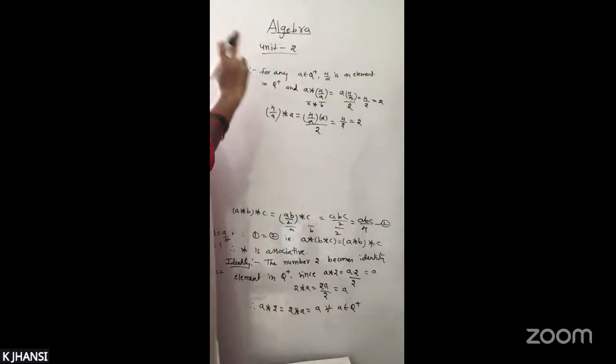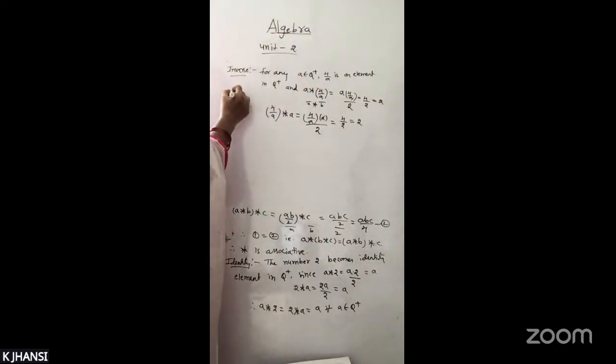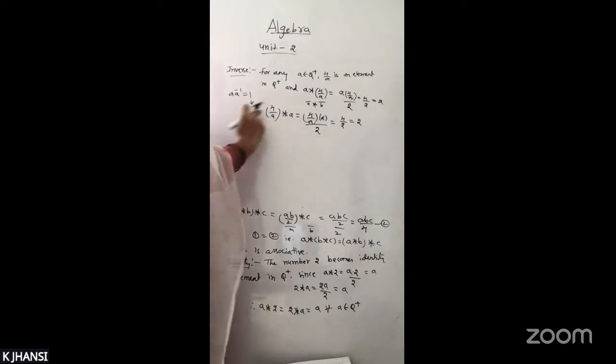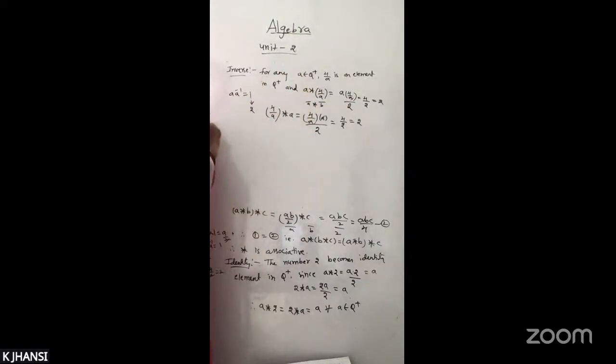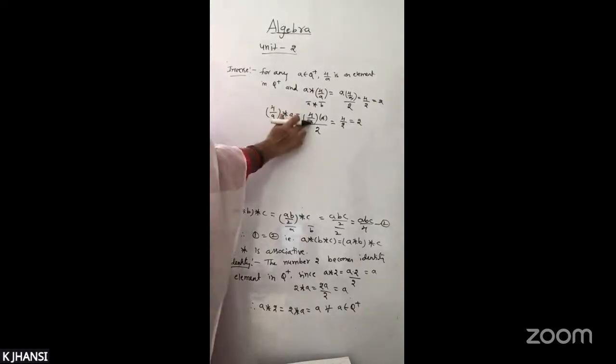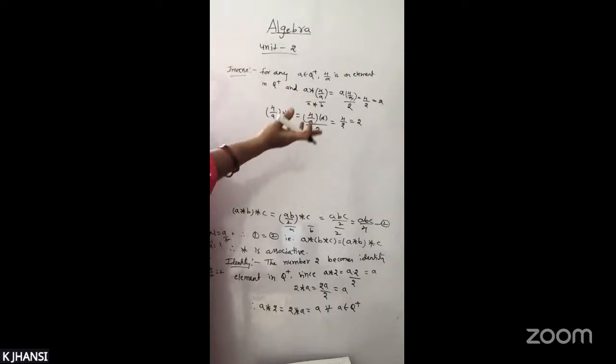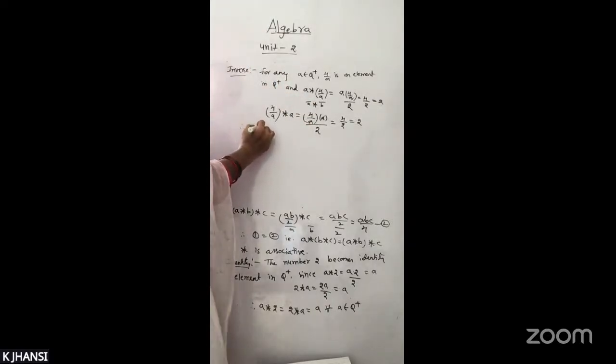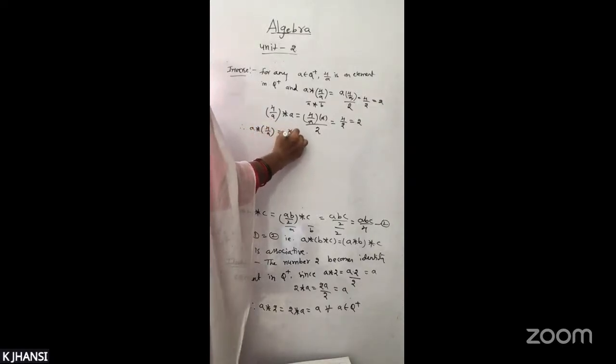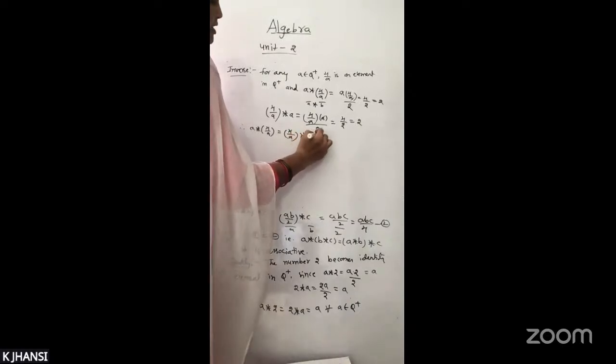So you are getting the identity element 2. That is A into A inverse is equal to 1. So in our problem, identity element is 2 here. So we are getting the identity element 2 with respect to A star 4 by A. So 4 by A is called the A inverse. Okay. So therefore A star 4 by A is equal to 4 by A star A is equal to 2.